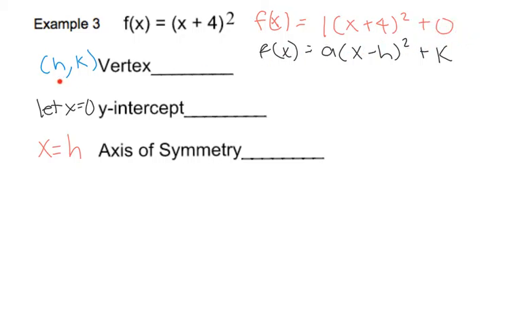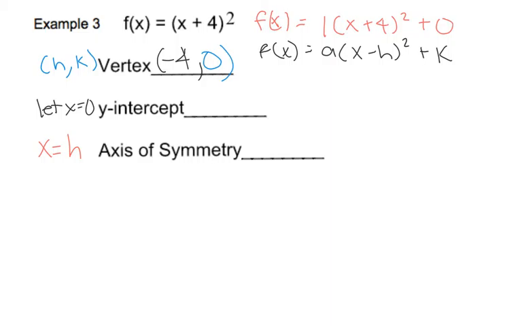So vertex is h, k, h is here, so we would make that the opposite, and we would get negative 4, comma, k, which you know is located here, which is going to be 0. So the vertex is negative 4, 0.